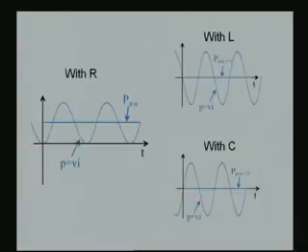In the case of the inductive load and the capacitive load, the average power is absolutely 0, only that the power waveforms have a 180 degree phase shift with respect to each other. Okay. So, this is the comparison of the power waveform for the R, L and C circuits.